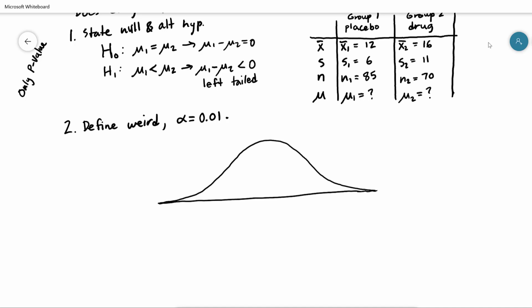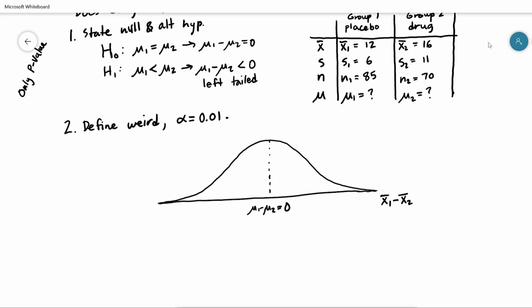It is the curve of all the possible differences between x1 and x2 bars. We are assuming that the average difference, according to our null hypothesis, is that mu1 minus mu2 equals 0, sitting here in the middle. 0 is the middle.